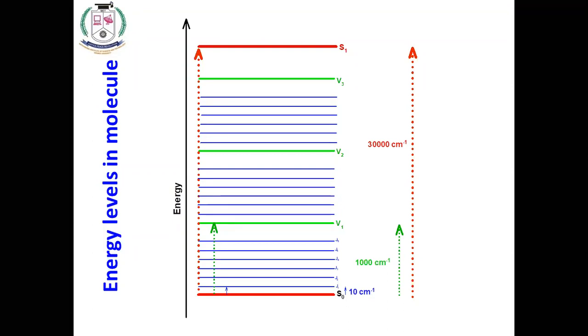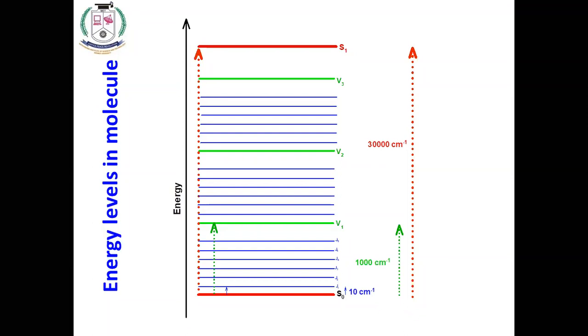The electronic energy levels difference is 30,000 centimeter inverse. We are expressing the energy in kilojoules. We are expressing the energy in the form of wave number. Even we can express this in hertz. We can express this in nanometers. This is the energy level expression in molecules.